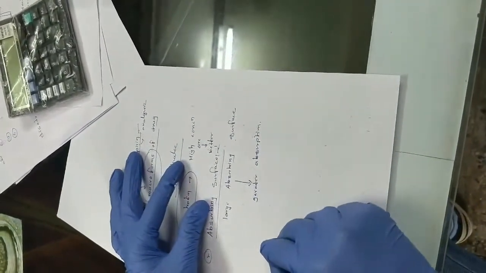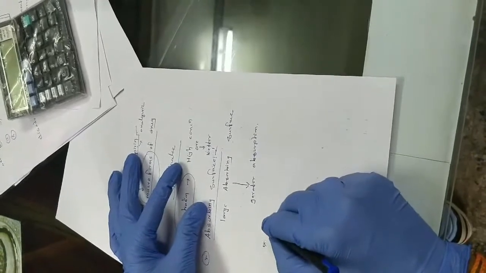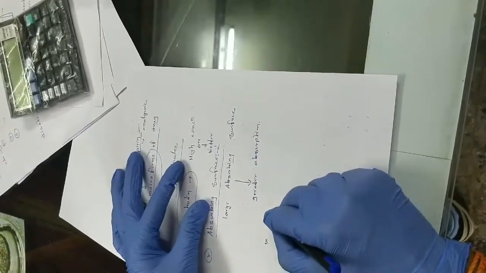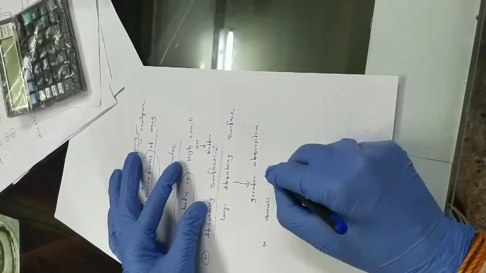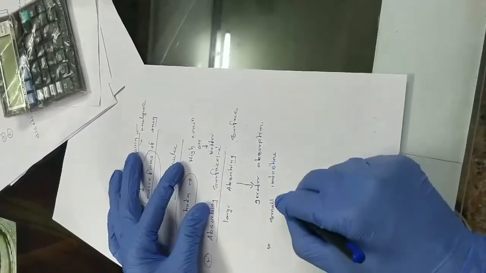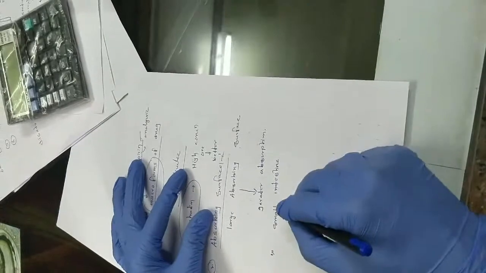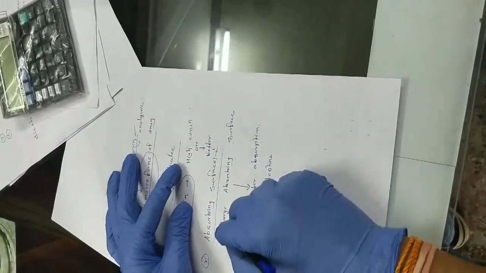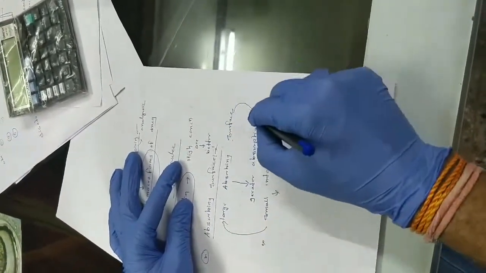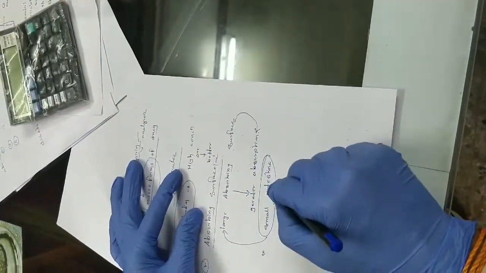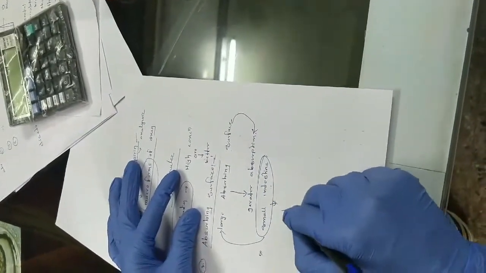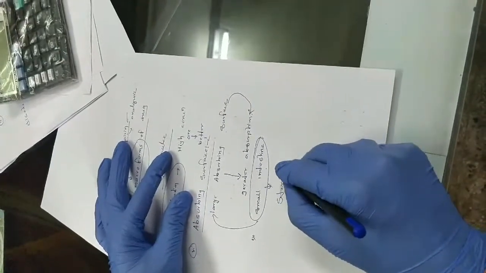For example, the small intestine has a large absorbing surface, and hence its absorption is greater than that of the stomach.